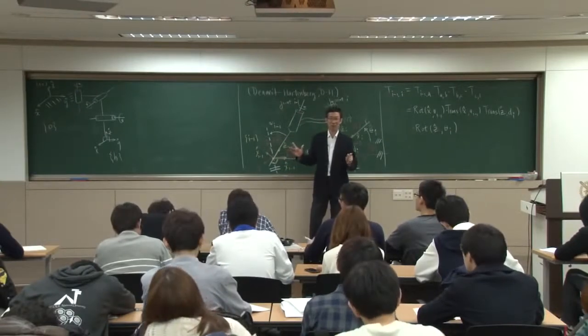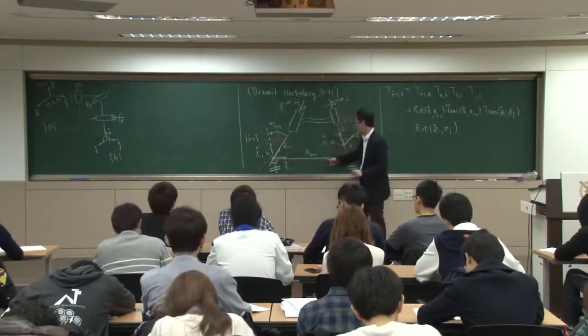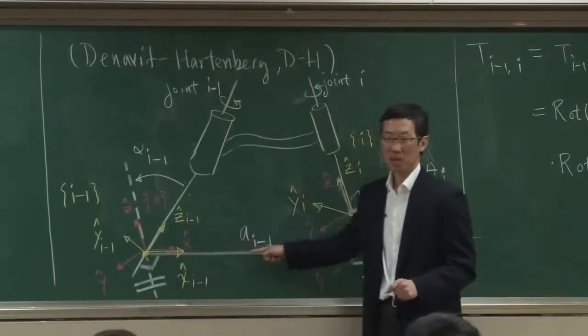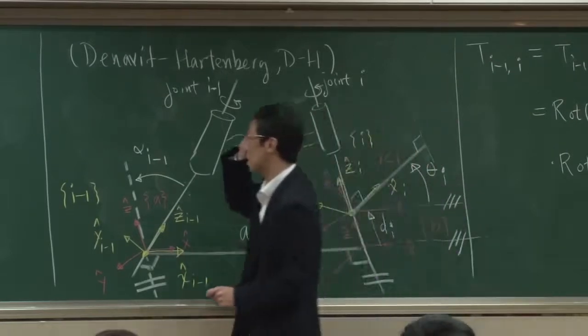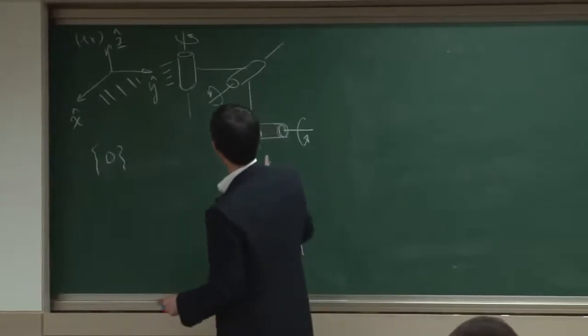Next, let's find the mutually perpendicular line between the joint axes. So I look at joint axis 1, joint axis 2.